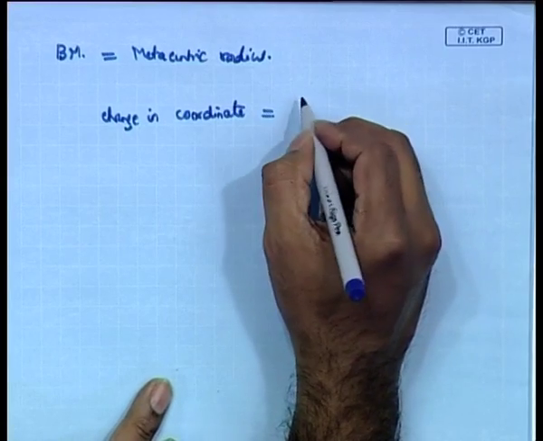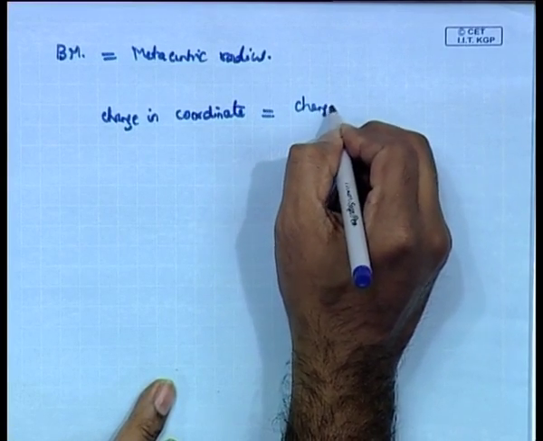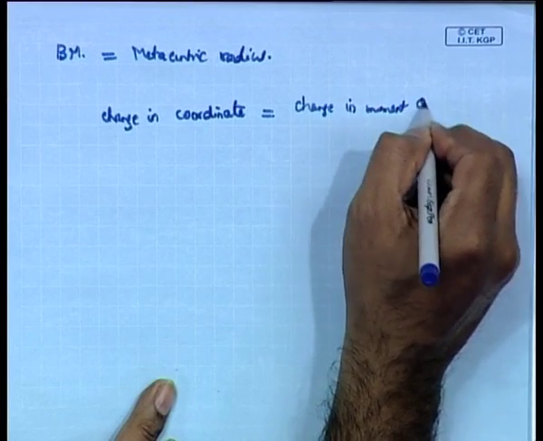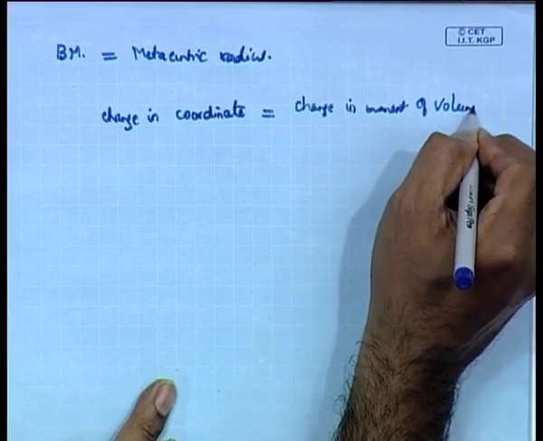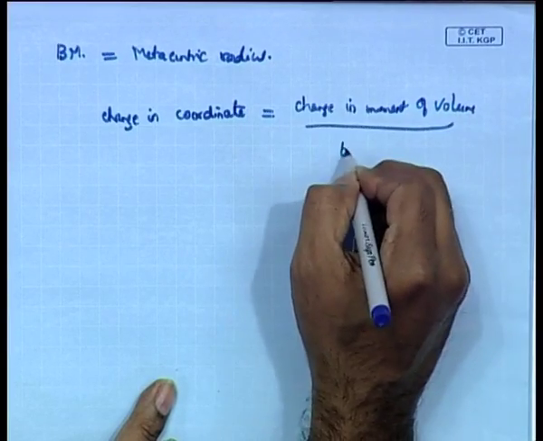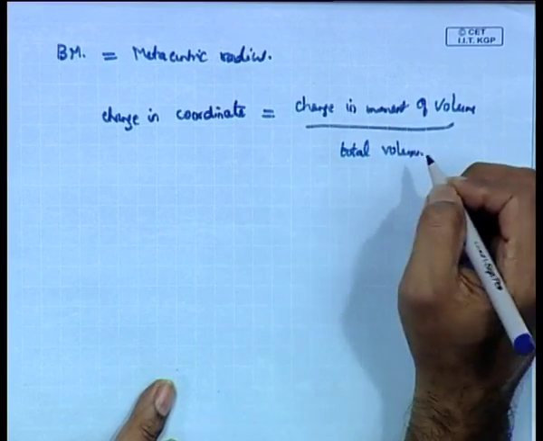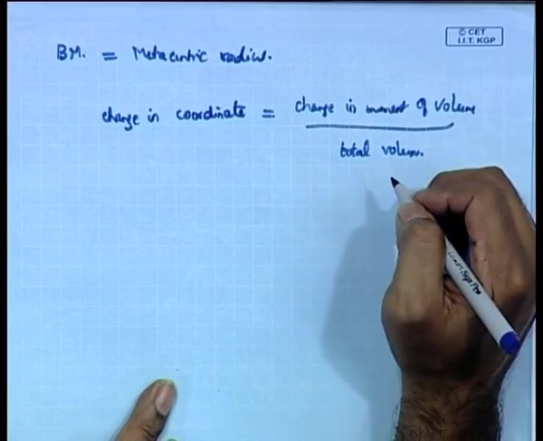It is given by the change in the moment of volume divided by the total volume. I write this confidently because of the lemma on the masses that I wrote in the previous paper. We saw that the change in coordinate is the change in the moment of volume divided by the total volume.